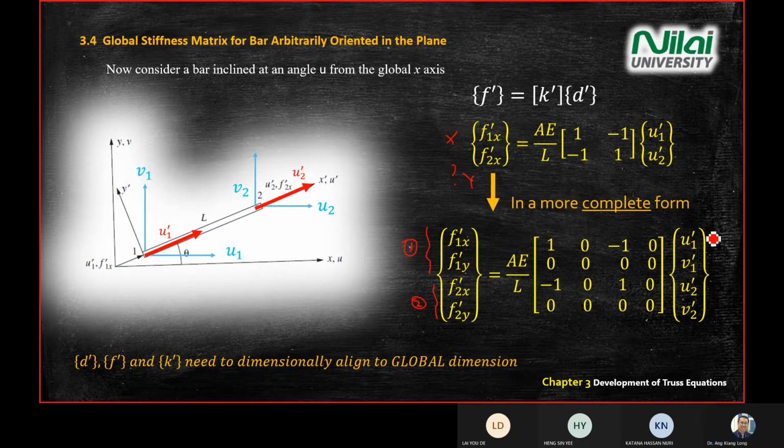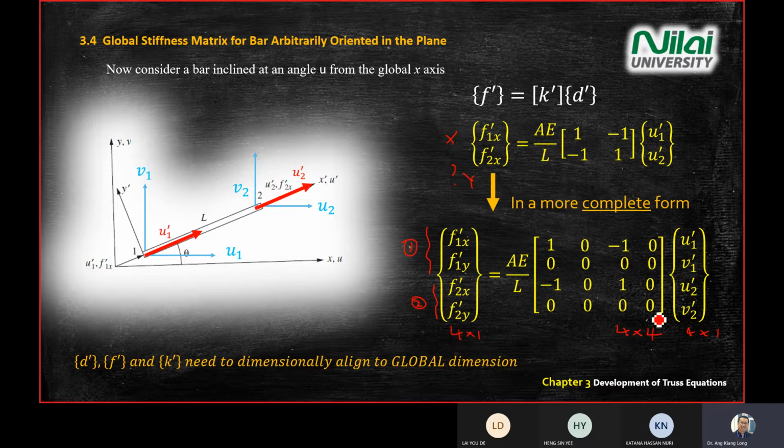So 4 displacements, why do we know that we have 4? Because each point has 2 displacements. So we have 4 times 1, so the matrix must be 4 times 4. Okay, because on the left here you have a 4 times 1 matrix.